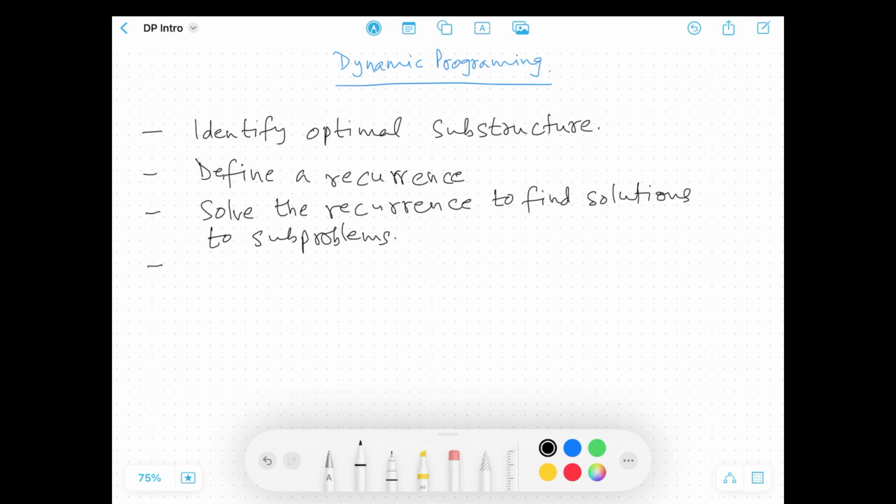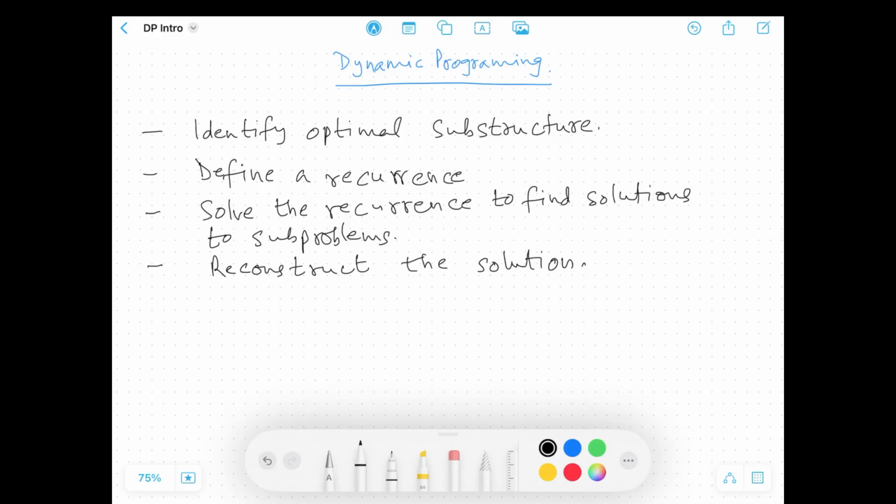And then we reconstruct the solution. So these are the four basic steps of a dynamic programming solution.